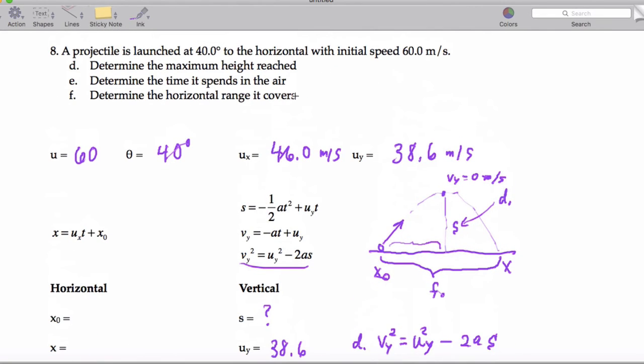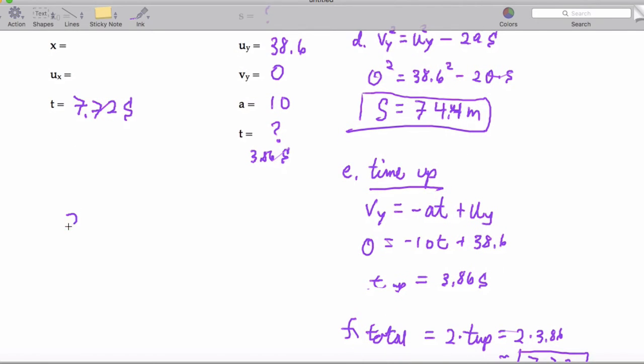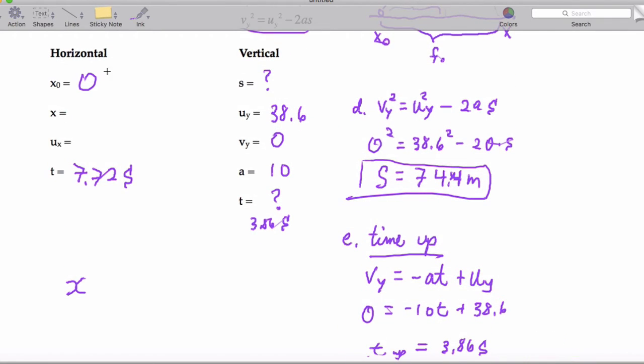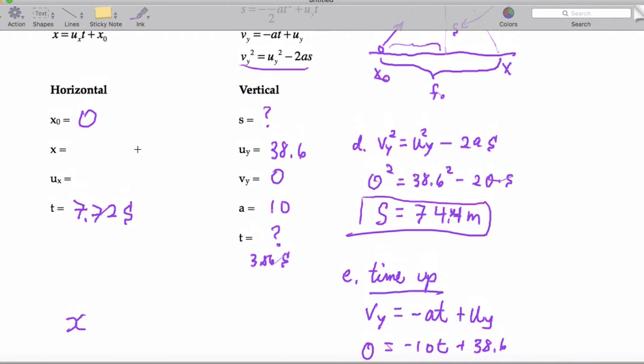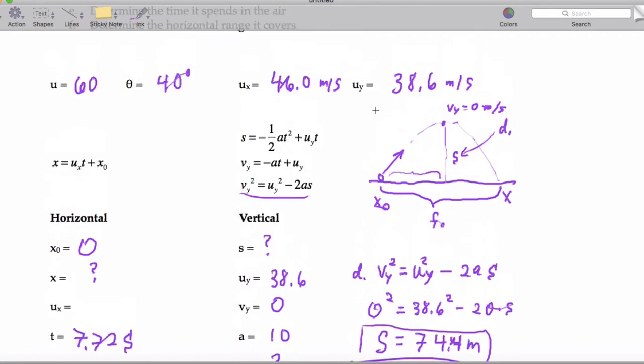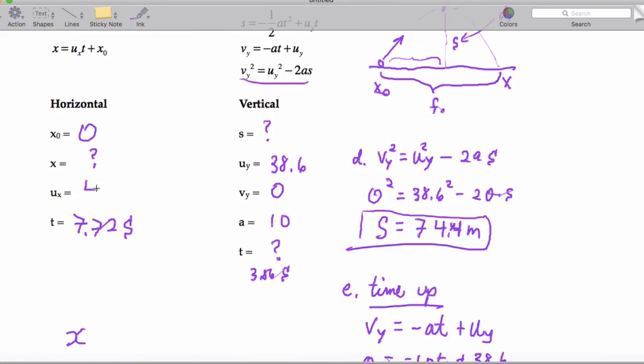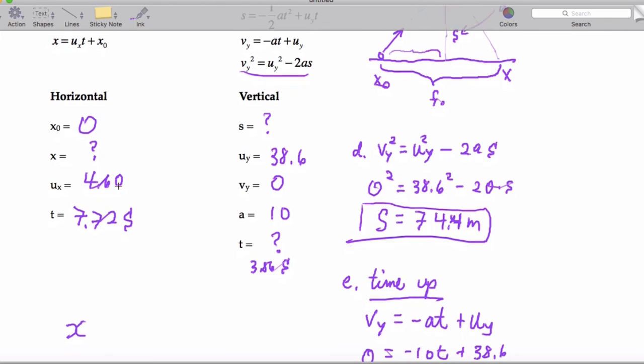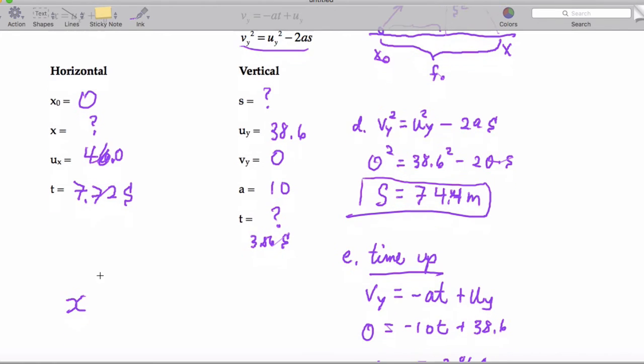So to get the horizontal range it covers, we have an initial horizontal position of 0, and the final is unknown. Ux is what we got up here as 46.0. So when we put all those numbers together, the horizontal position at the end of this problem is going to be 46.0 times 7.72 plus 0.